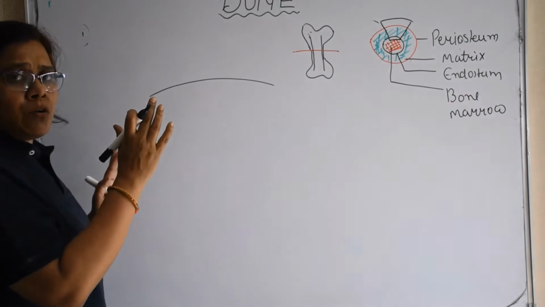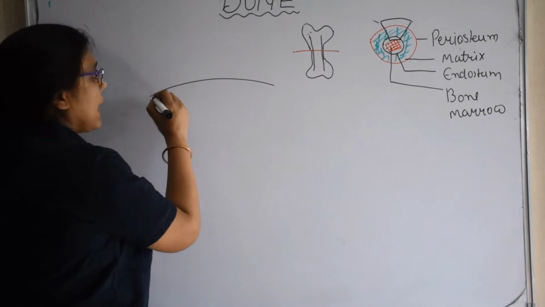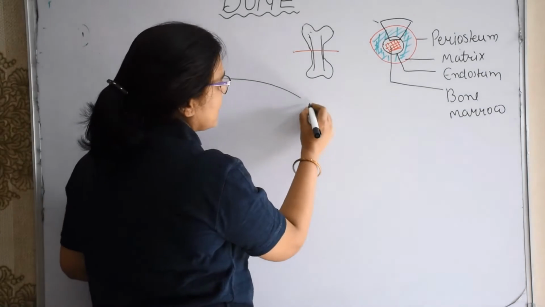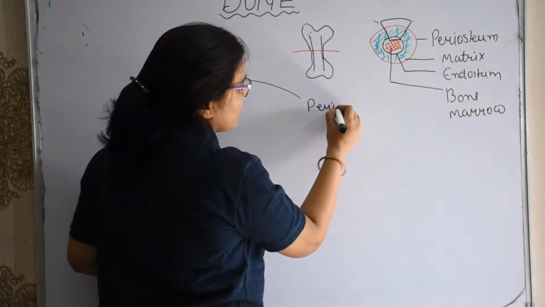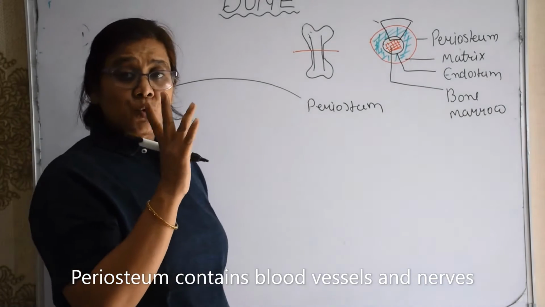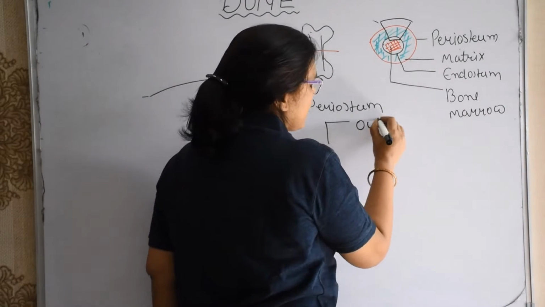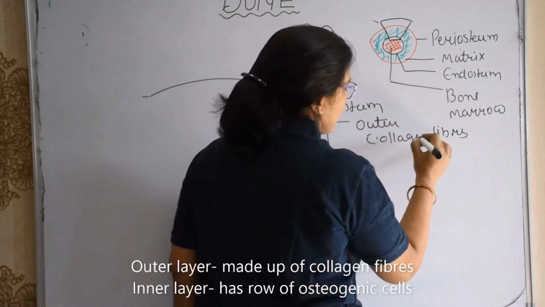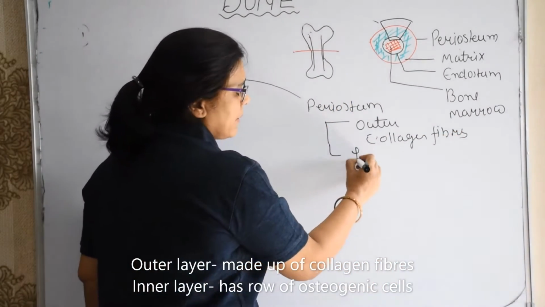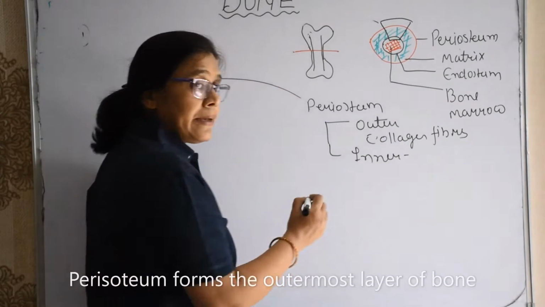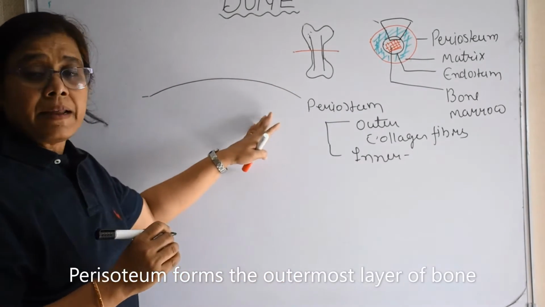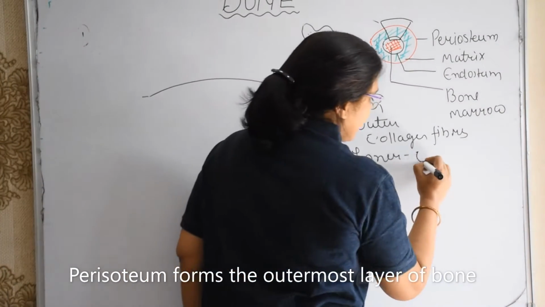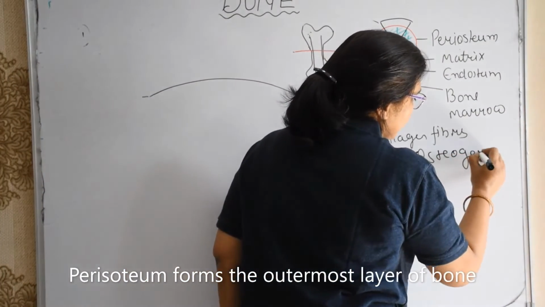This is the outermost layer and that is called periosteum. Periosteum has two layers. The outer layer is made up of collagen fiber, and in the inner layer there is a single layer of osteogenic cells.